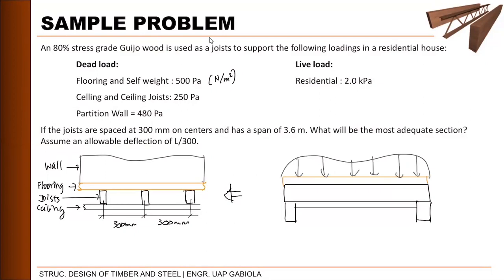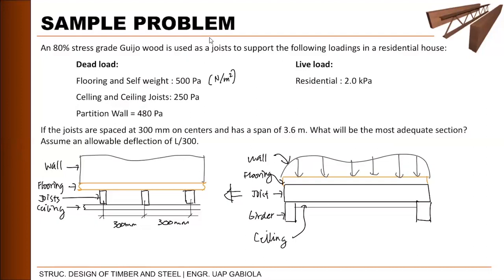So, again, this is our wall. In pressure siya. Then we have our flooring. Okay? And then ito yung joist natin, yung required natin i-design. And then ito is a girder. And then ito yung ating ceiling. Okay?